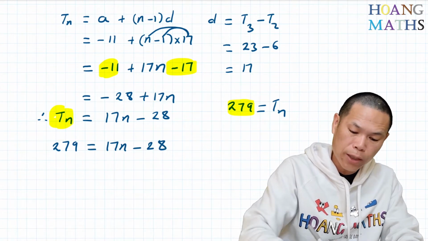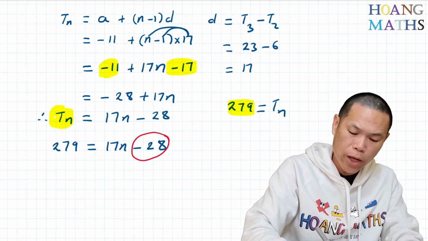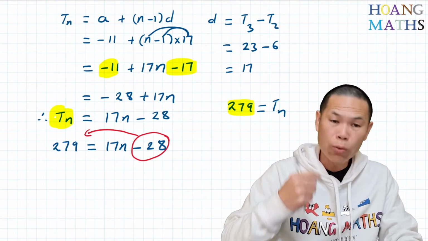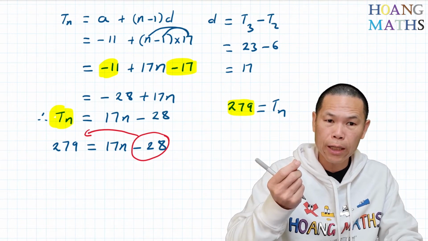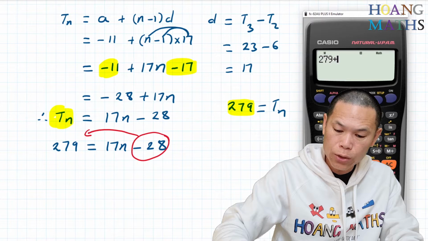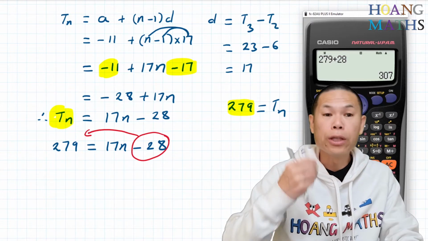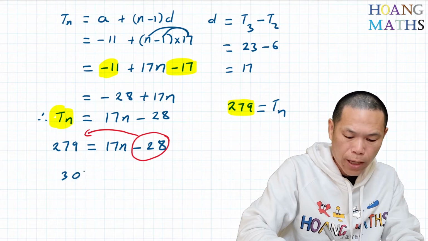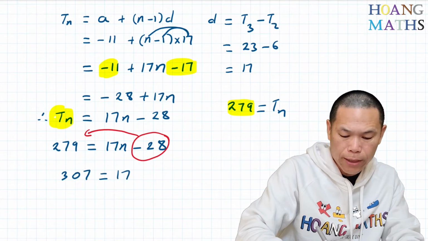Now I move this negative 28 to this side. It gives me positive. So I put that on the calculator: 279 plus 28. There you go, 307. 307 is equal to 17n.